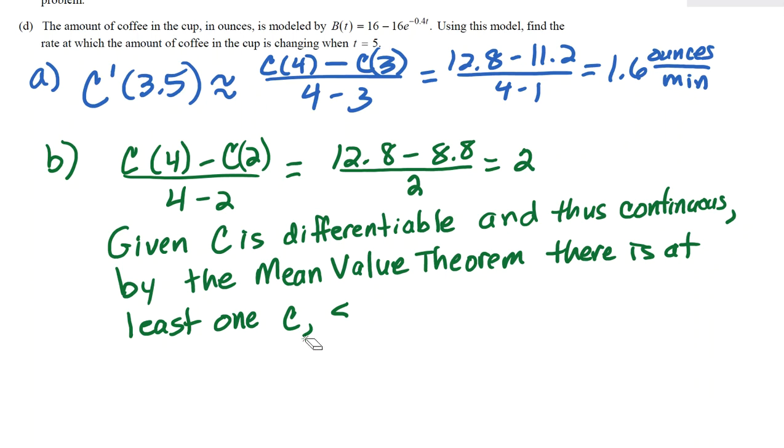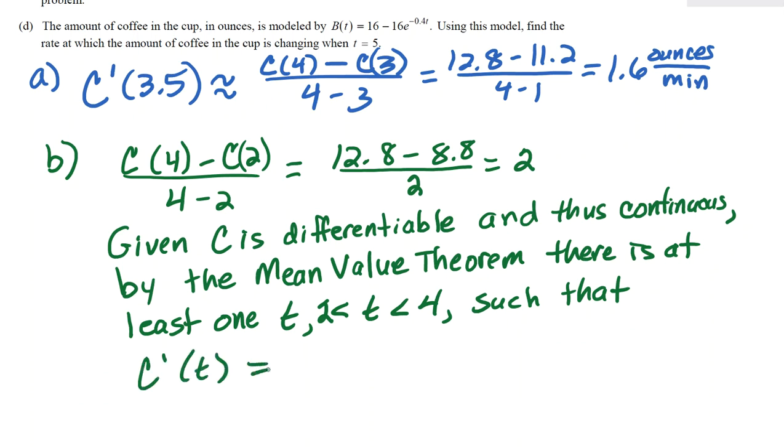I'm just switching my variable here. So sometime between 2 and 4, such that C prime of t will be equal to 2. And I know that's because I've already done the secant up in my first line.